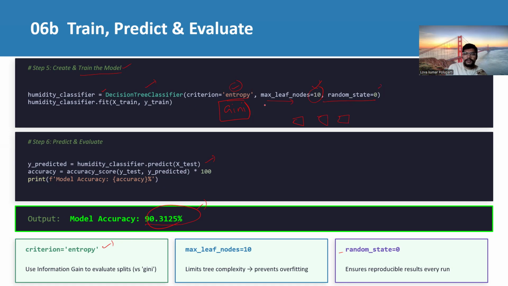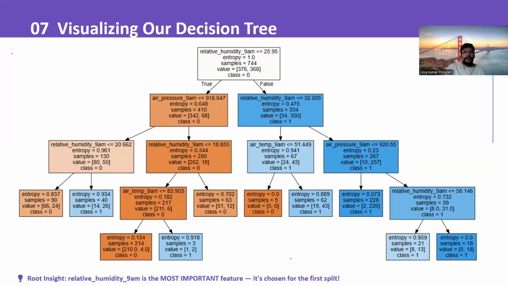You can also mention limits on the tree, the complexity, to control it and prevent overfitting. The random state is 0, so I take the data as it is and am not applying any randomness on my data set.